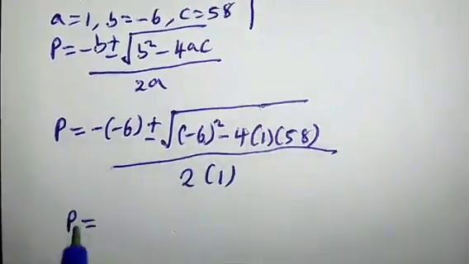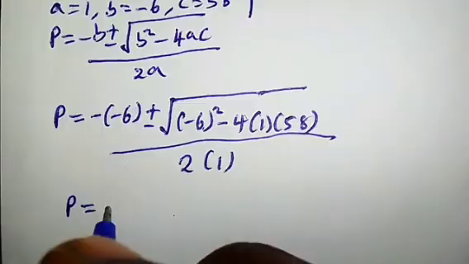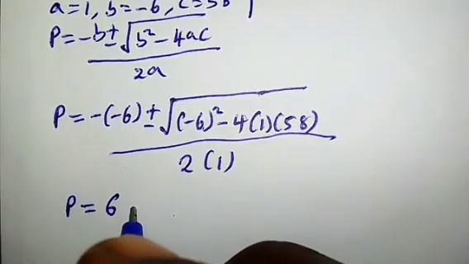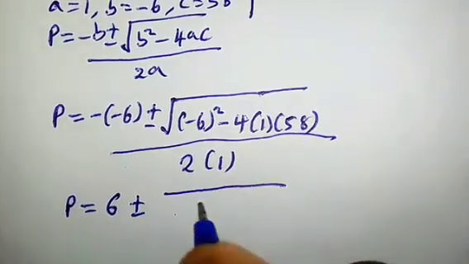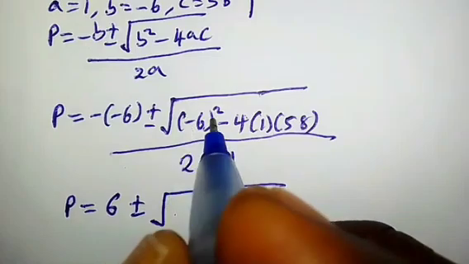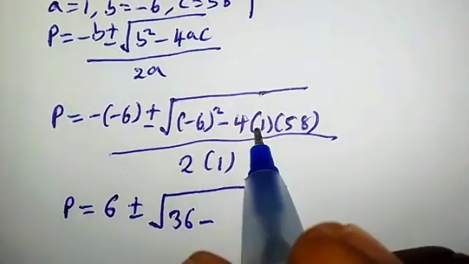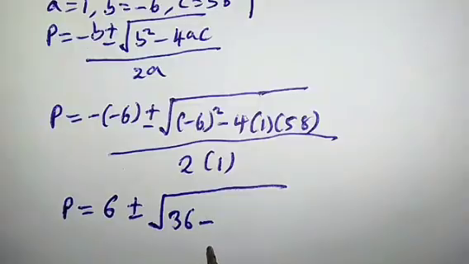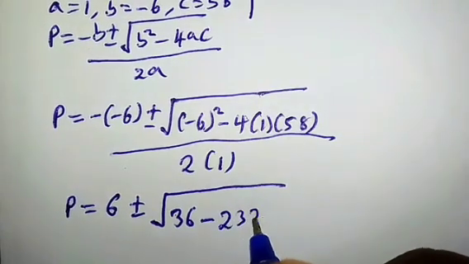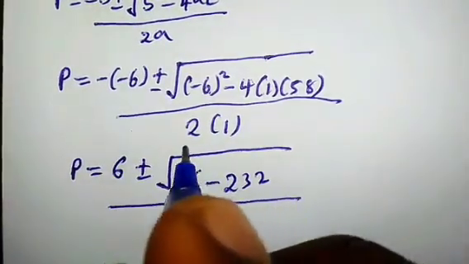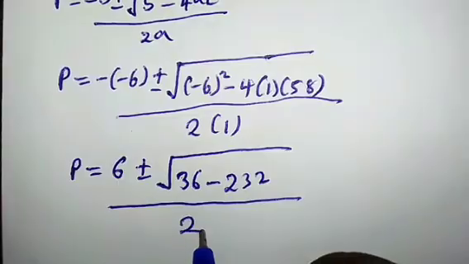p equal to negative times negative 6, that is 6, plus or minus the square root of negative 6 all squared, that is 36, minus 4 times 1 times 58, that is 232, divided by 2 times 1, that is simply 2.